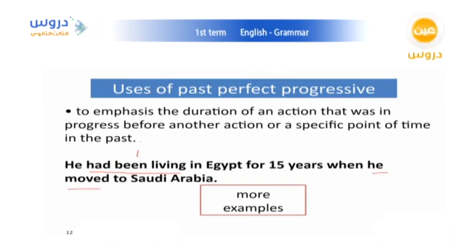So he had been living in Egypt for 15 years when he moved to Saudi Arabia. This is the past perfect progressive. And it shows us the duration of an action that was in progress before, because there is 15 years, this is a duration of time, before another action or specific point of time in the past.